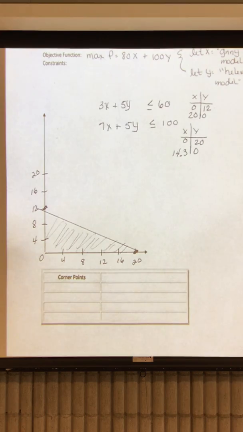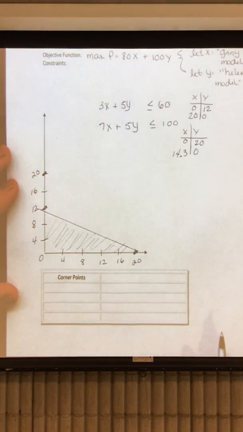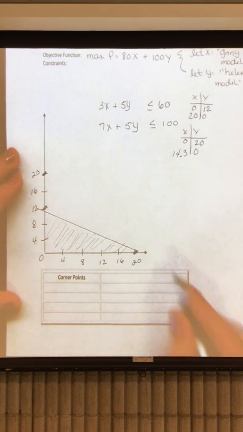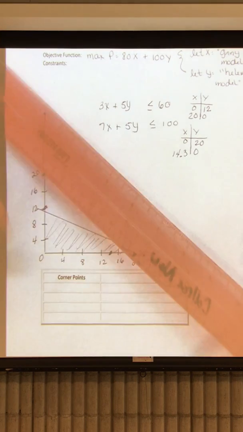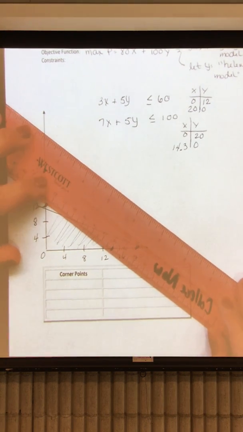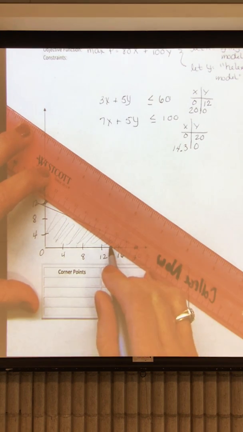In the second inequality, we have (0, 20) right here, and 14.3 is about approximately there. Connect the 2 points.